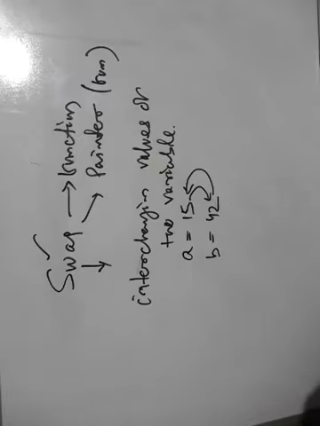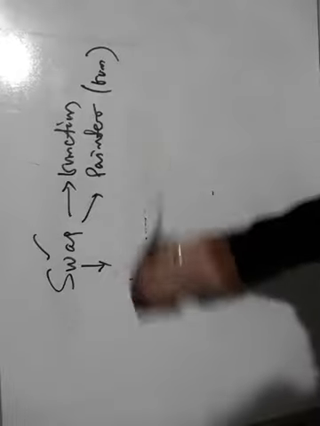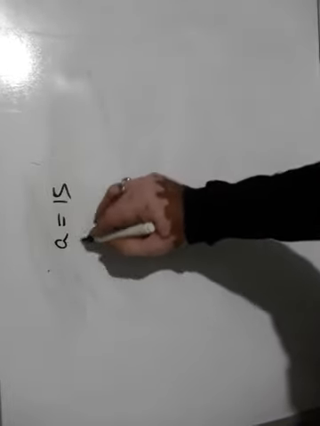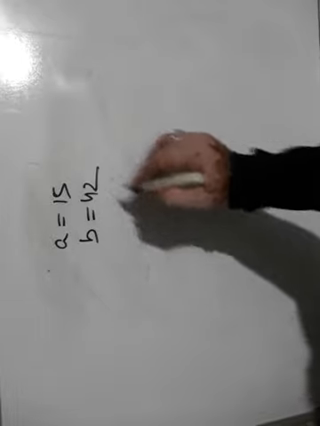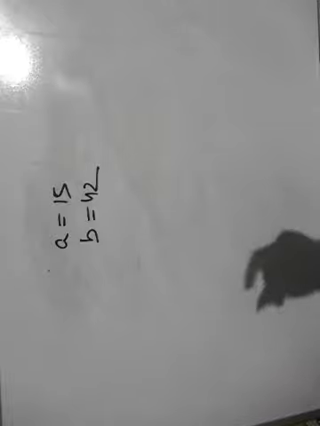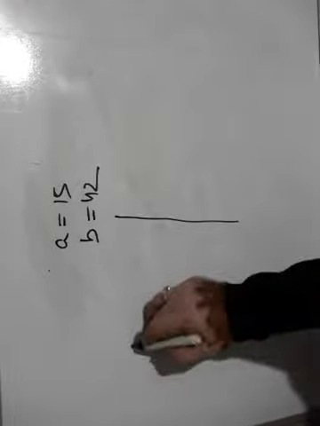Okay, so let me start the swap concept roughly, theoretically, and then we will try how it is possible programmatically. So let's try it theoretically first. Let's take A as 15 and B as 42. Now I will swap the values of both variables. There are two techniques, students, and I am showing you both here. All of you please notice.